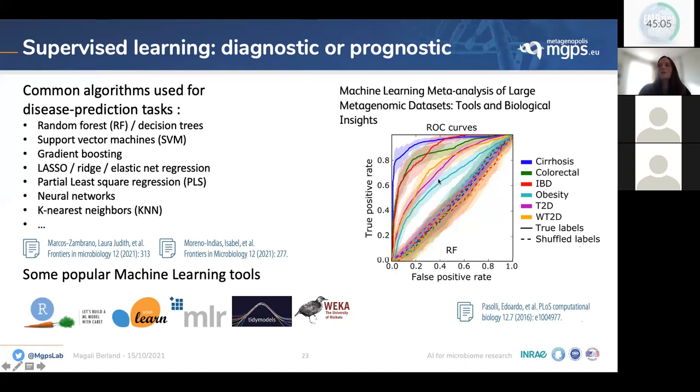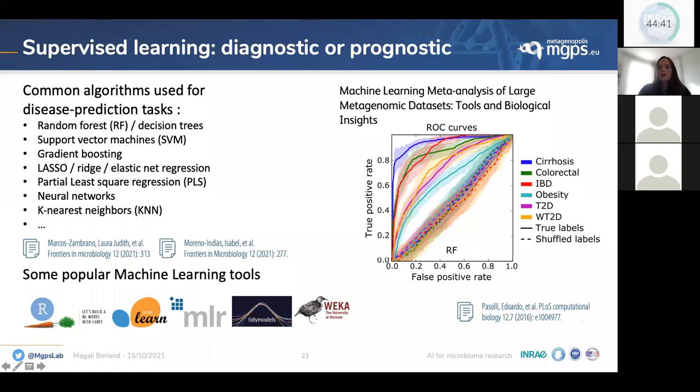So there is still much room for improvement of such algorithms, but this paper and many others show that machine learning works on microbiome data, and there are a lot of differences between the different datasets.